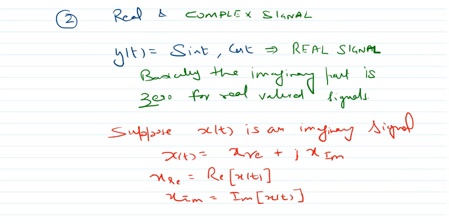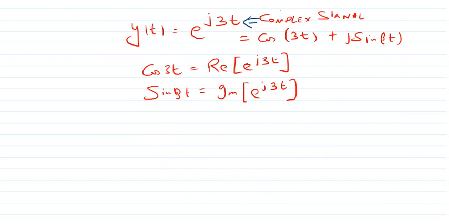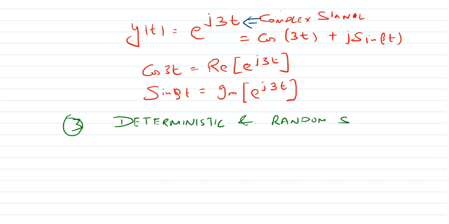Next, we can further classify signals as deterministic and random signals. What is a deterministic signal?